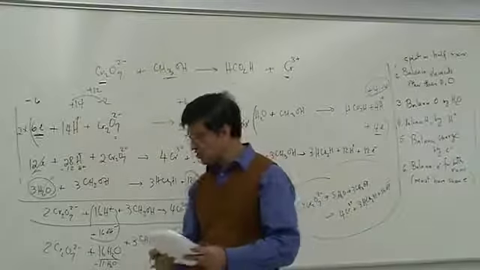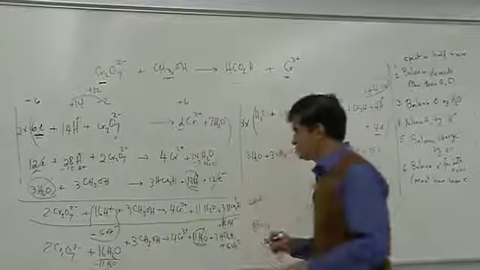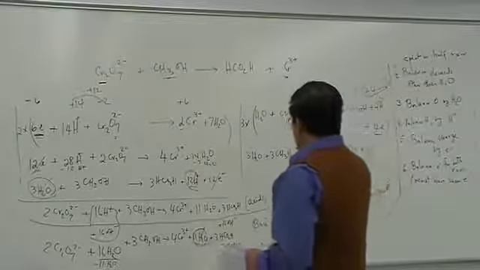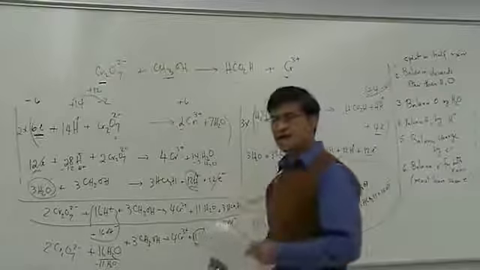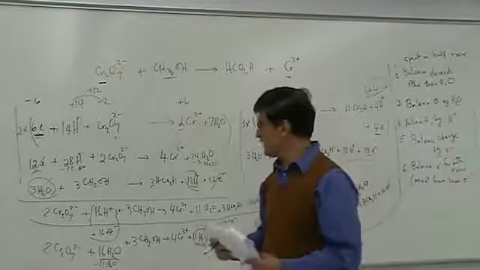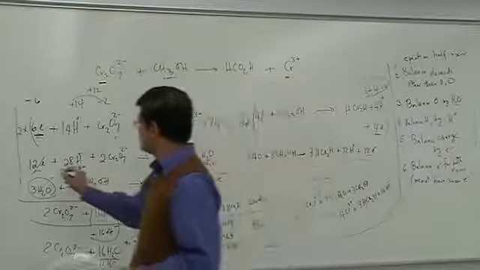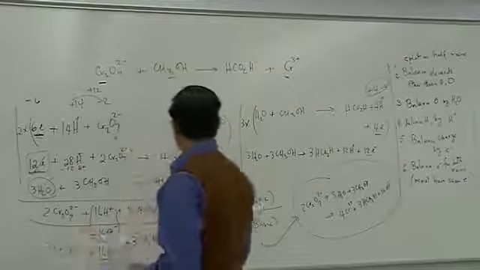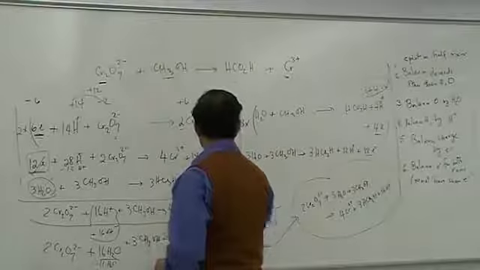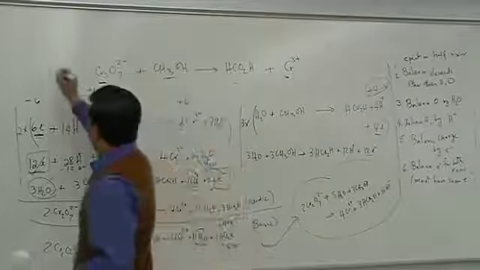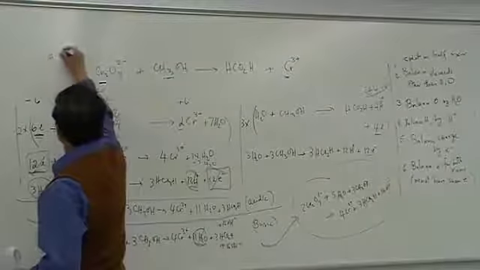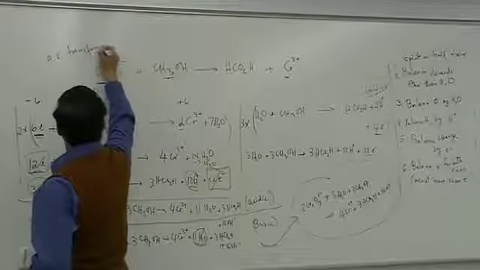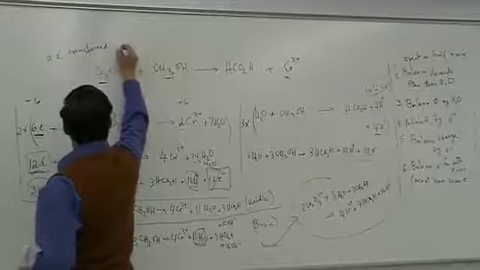Then also we need to know how many electrons are being transferred here, because it's often used in problem solving. From one half cell to the other half cell, there should be no mismatch. There are 12 electrons being transferred from one half cell to the other half cell. So the number of electrons transferred equals 12.